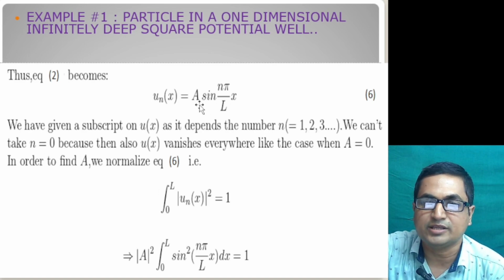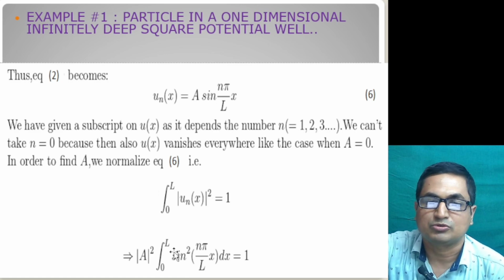Now this A is a normalization constant, and we normalize the equation as we learned earlier. The normalization condition is the integral of the modulus square of u_n, |u_n|² dx, with limits from 0 to L. When we put this in, A² comes out, and this is an integration that we can do.